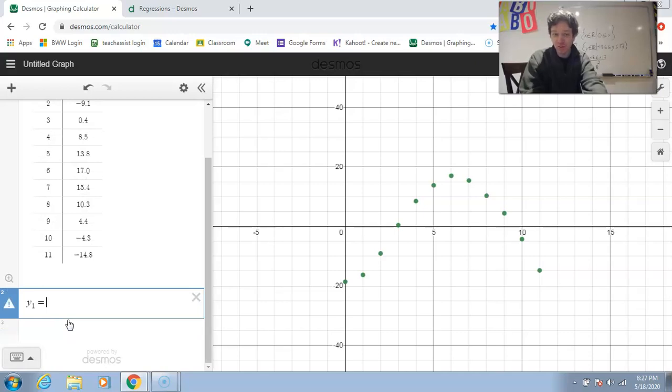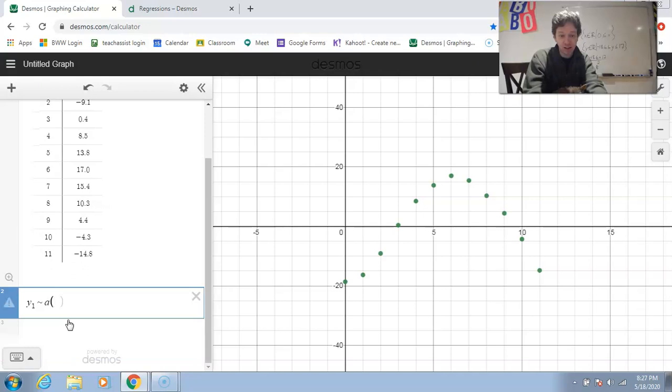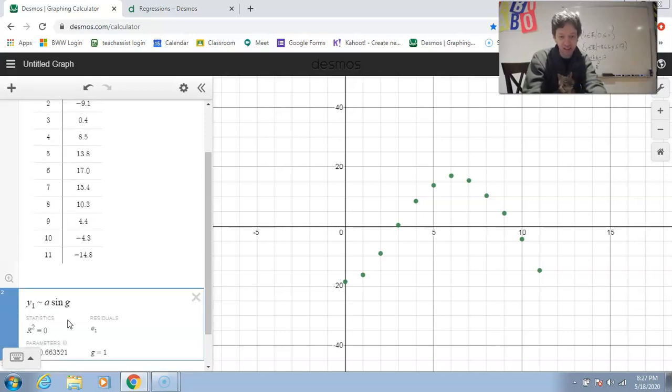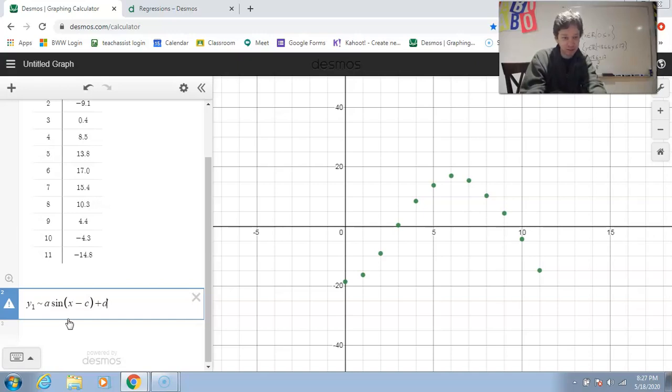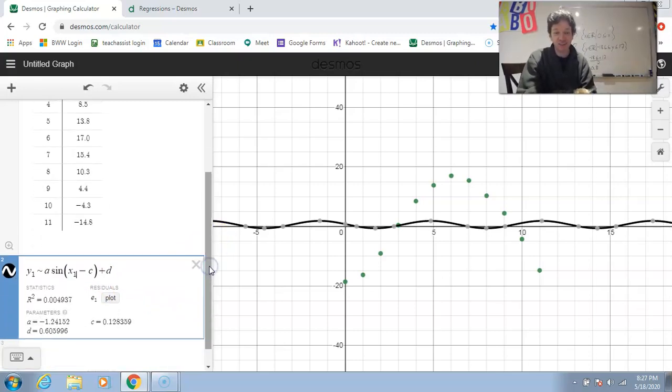In order for the computer to generate a regression, we're going to use this swirly symbol, approximately equal to, and then we're going to have our equation, a times the sine of x minus c plus d. Oh, we don't want x, we want x1. There we go. Now, you can see it immediately generated something.